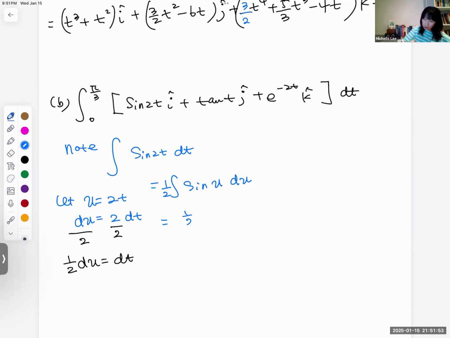What's the integral of sine u? It's cosine u with a negative, plus c for indefinite integration. So in terms of t, negative 1 over 2 cosine 2t plus c. Okay, let's do it.